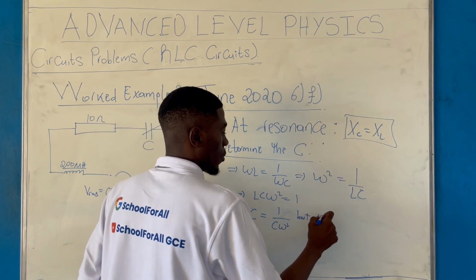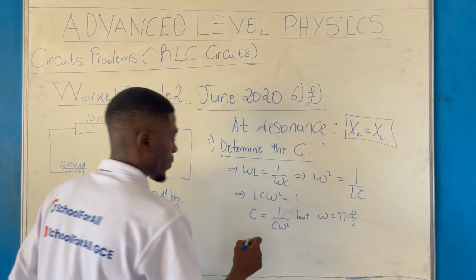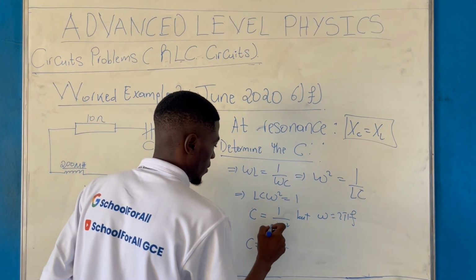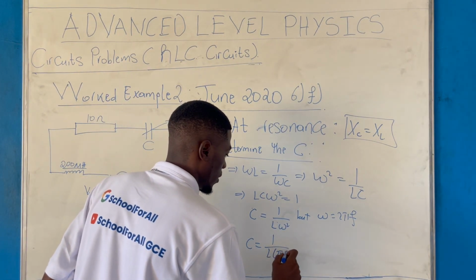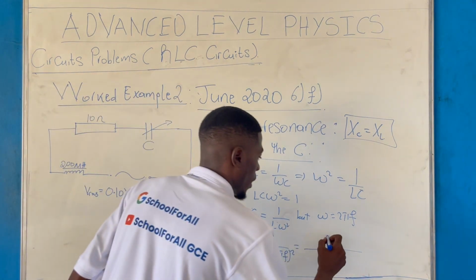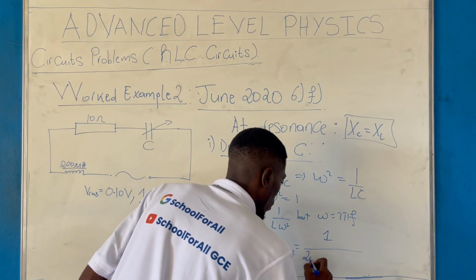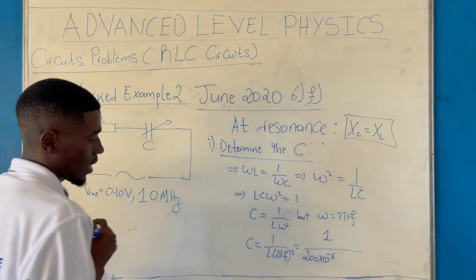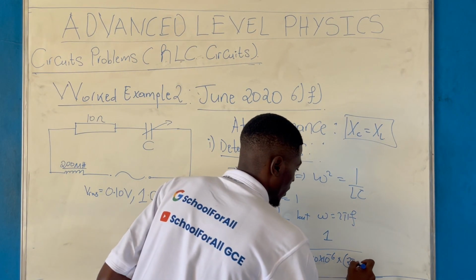But I know that omega is 2 pi f. So my C is equal to 1 over L times (2 pi f) squared. By replacing the values, what's the value of L? L is 200 times 10 to the negative 6 henry, then times (2 pi times the frequency).